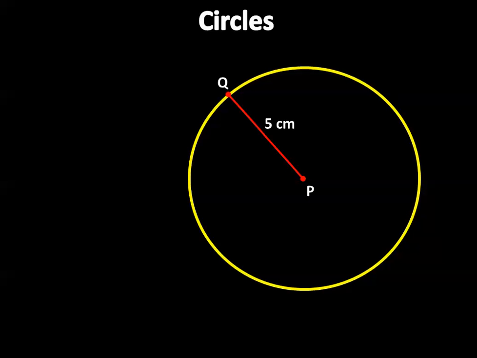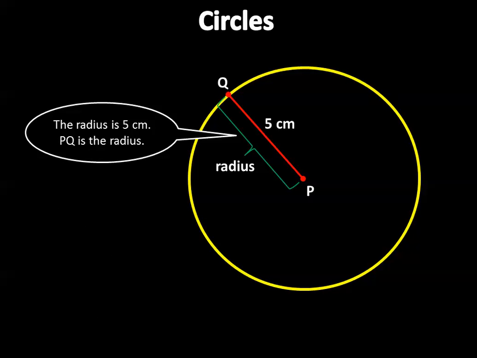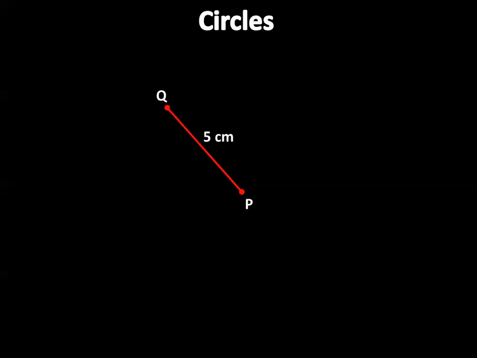The distance from a point on the circle to the fixed point is called the radius of the circle. The term radius is also used to refer to the segment from the fixed point to a point on the circle. The fixed point is called the center of the circle.